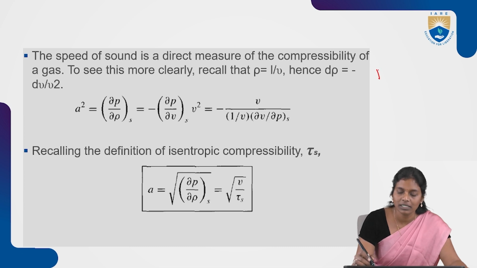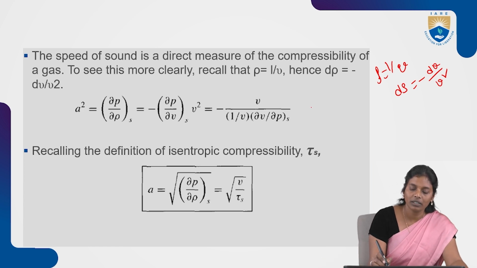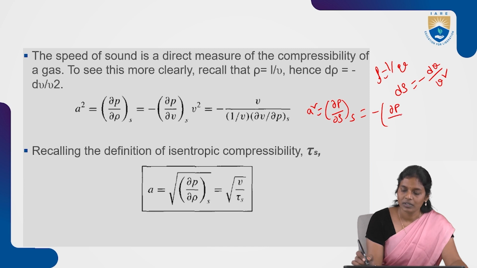We know that rho equal to 1 by V, so d rho will be minus dV by V squared. So A square we can write as dou P by dou rho at constant S, in terms of minus dou P into V square, right?